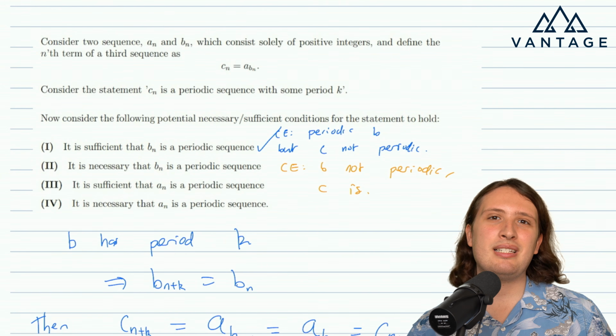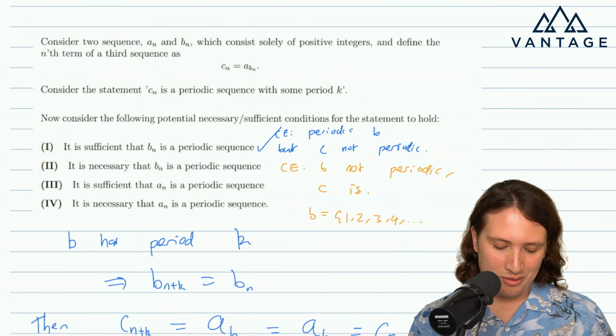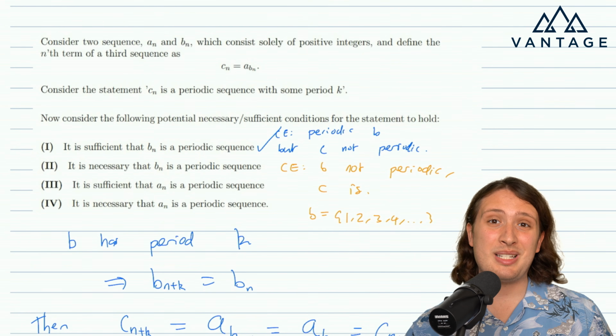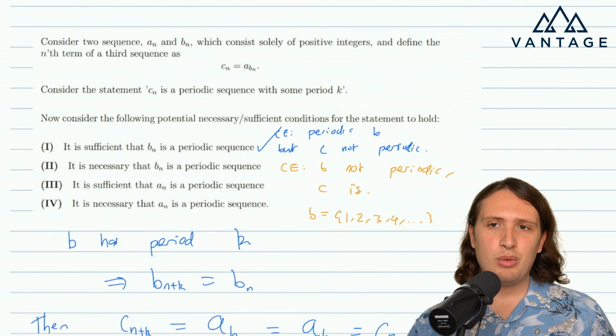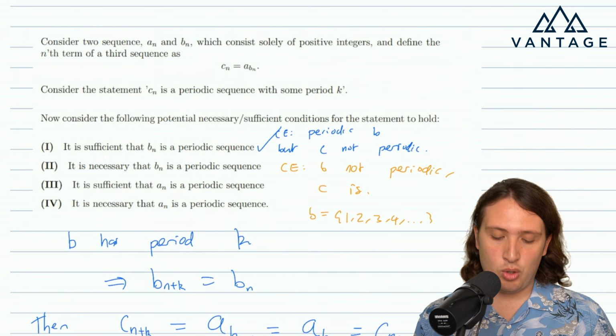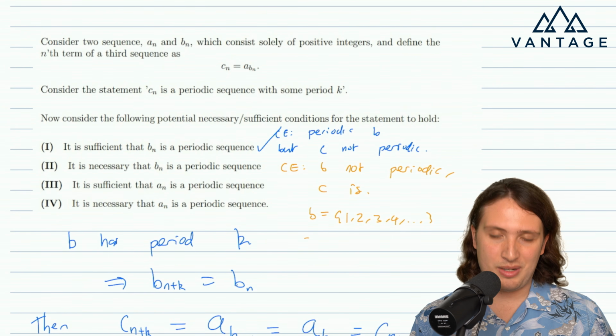But what's the simplest example we can think of a non-periodic B? Well, what if I just let B be 1, 2, 3, 4, just the integers. There's nothing wrong with taking simple counterexamples. They're often the most instructive. If I let B just be 1, 2, 3, 4 and so on, that means that the C sequence is the same as the A sequence.